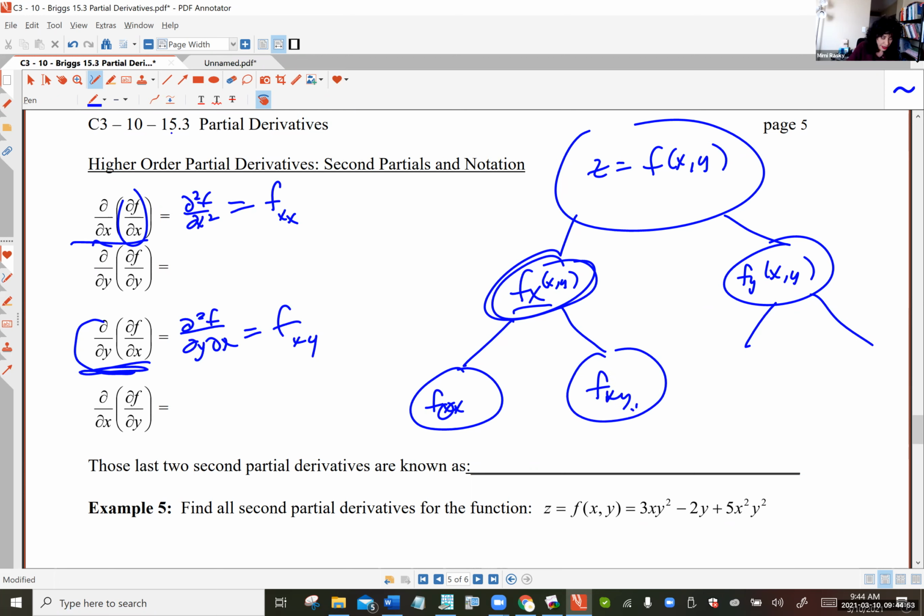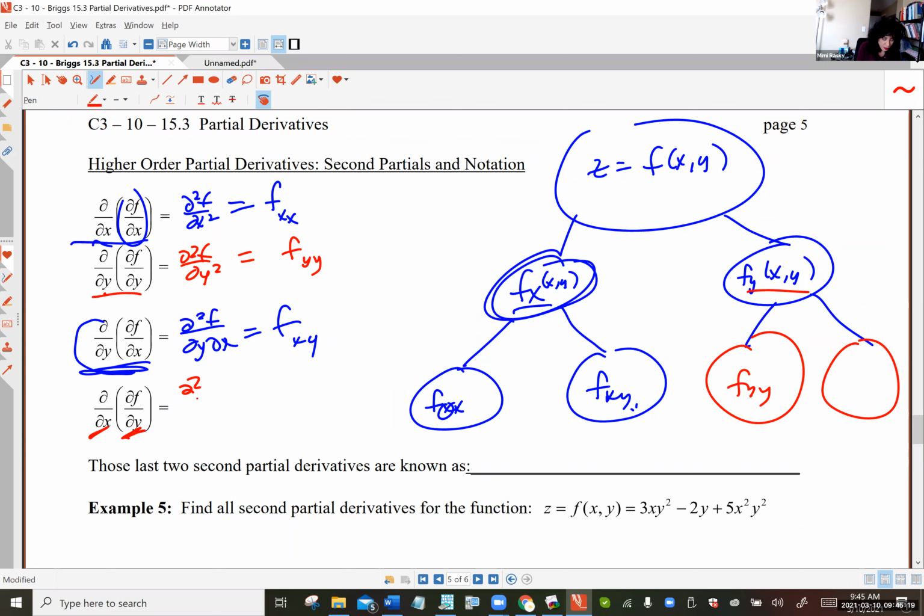There's two more grandkids, two more second partials here. One of them is where you start with your df dy, your first partial, and you take the derivative of that with respect to y. So d squared f over dy squared is one way to denote it, and another way is fyy. The other grandkid is where you start with your df dy, but you take his derivative with respect to x. So it looks like d squared f all over dx dy, which is denoted fyx.